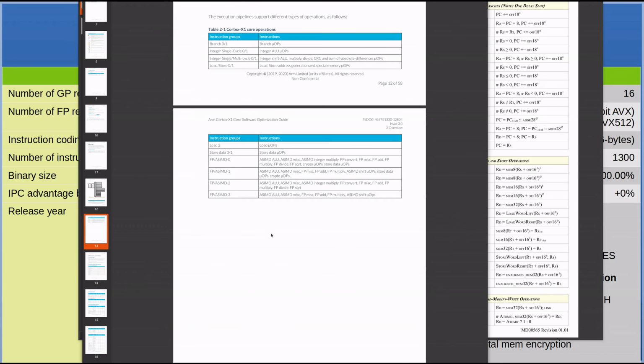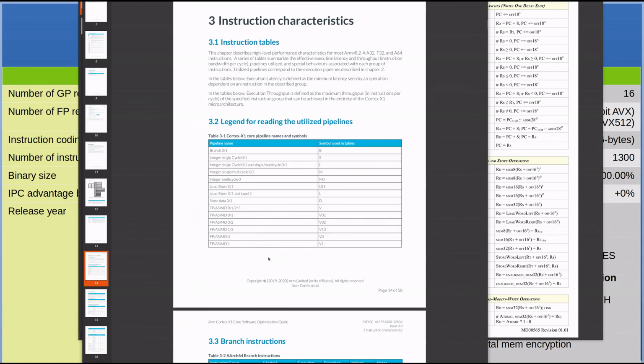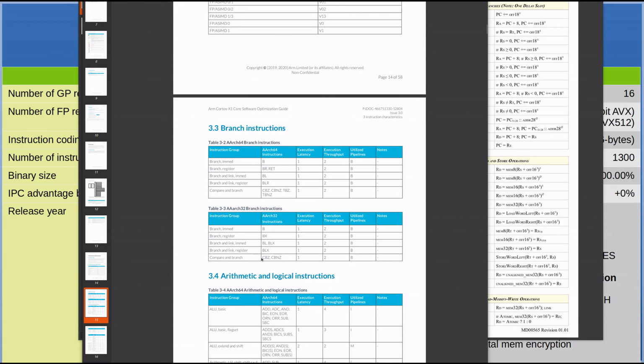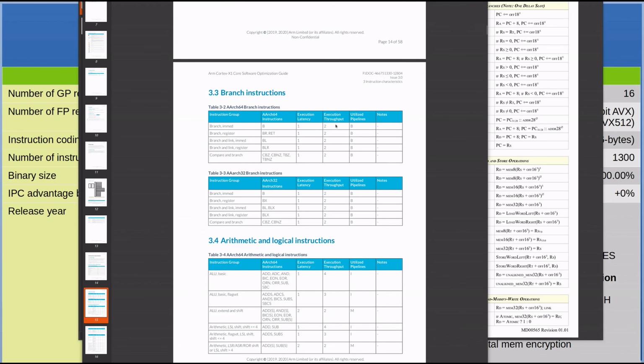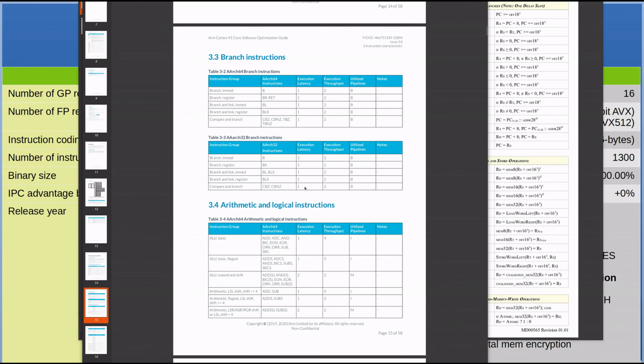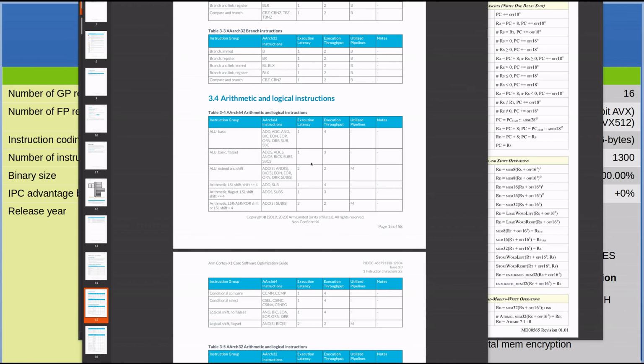It's a really interesting document actually. There is also the number of instructions and how many of them can be executed, the throughput. So you can actually see how many ALU units are involved. There are 4 of them.